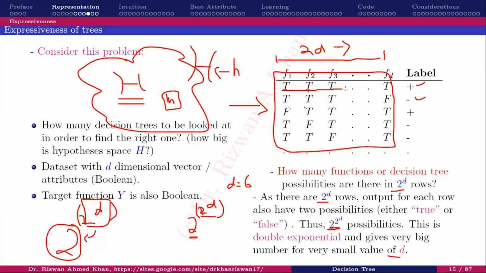For each example, we have two possible outputs, either true or false. So 2 to the d is number of feature vectors, in terms of machine learning that we are doing, and 2 to the d means two possible outputs for 2 to the d rows. Okay sir, got it.